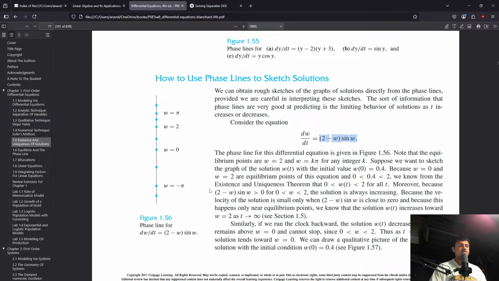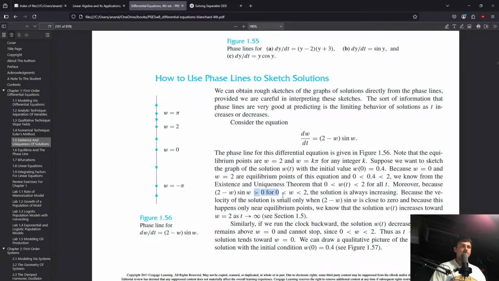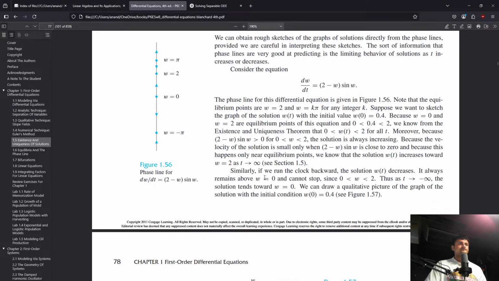Moreover, because (2 minus w) sine w is greater than 0 in that range, the solution is always going to be increasing. The velocity of the solution is small, close to 0, so we know that the solution increases towards w equal to 2.